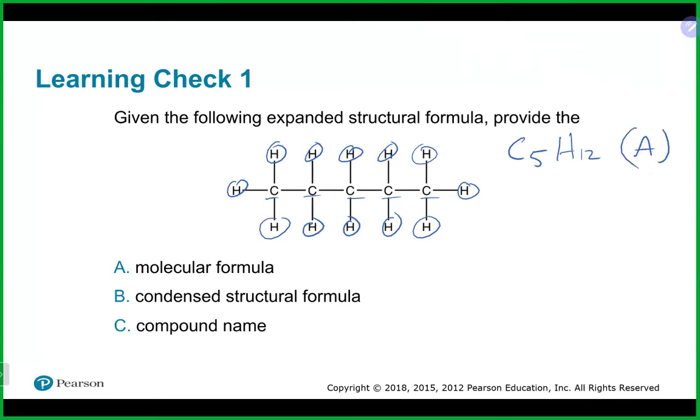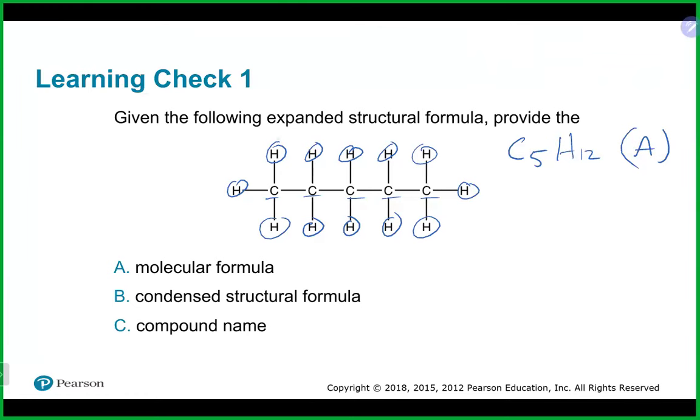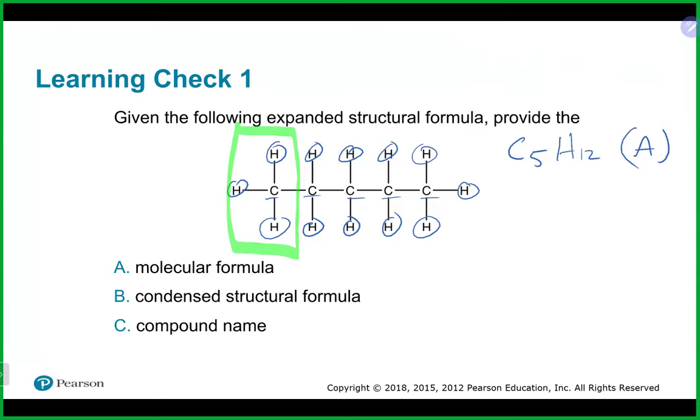Carbon first, hydrogen second. The condensed structural formula is going to look exactly like that, except I'm not going to draw out the hydrogens. So we want to break these apart in terms of carbon units. This guy right here is a carbon and 3 hydrogens. That is CH3.